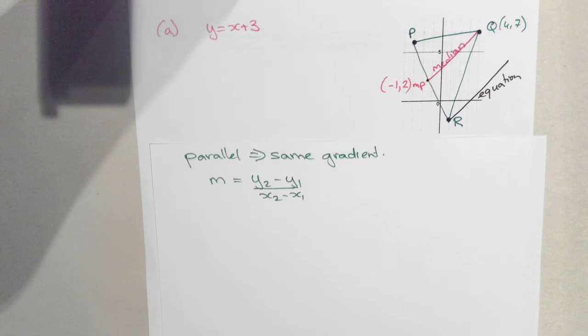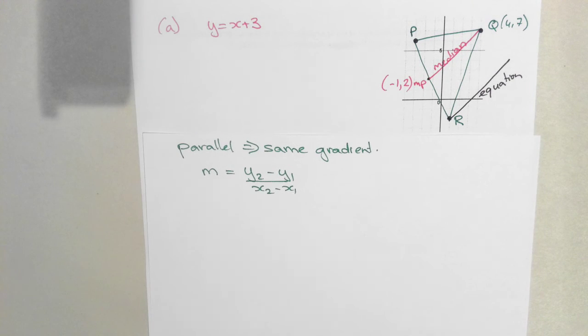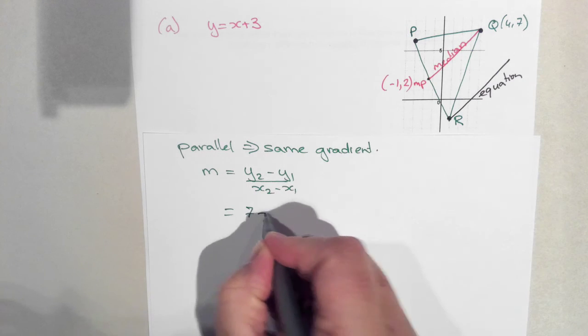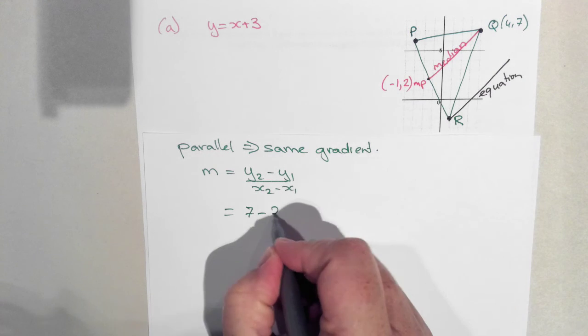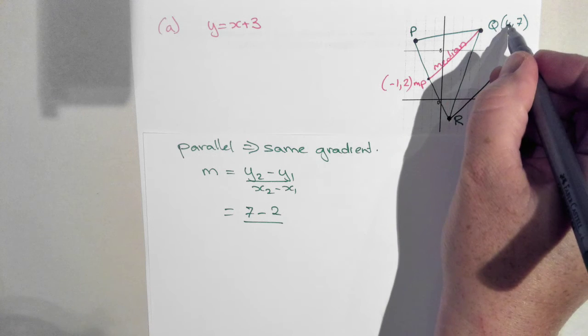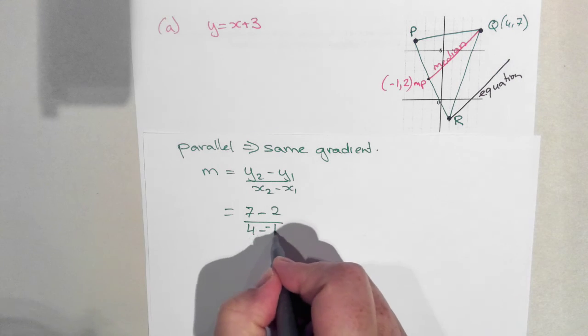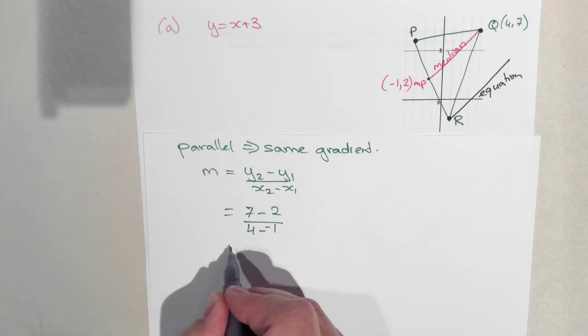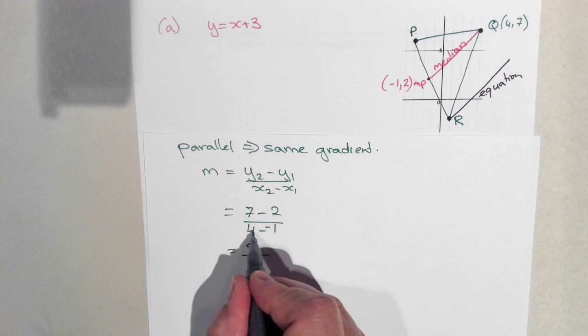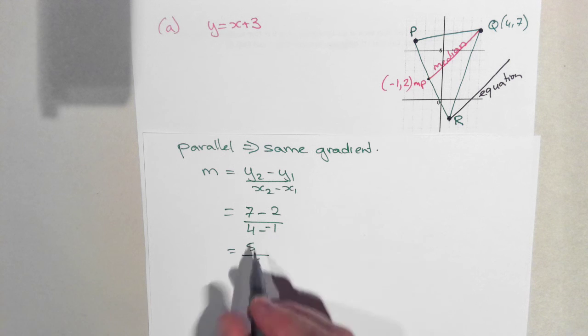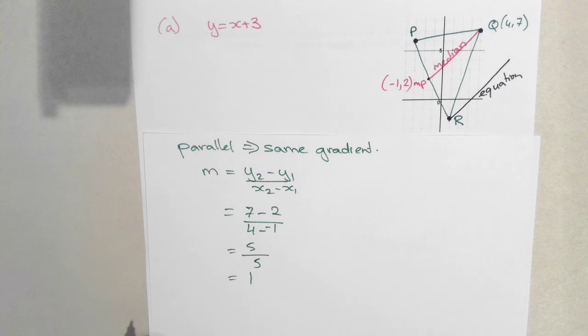So our y2 value is 7, take away y1 is 2, over x2, which is 4, take away x1, which is -1. So 7 take away 2 is 5, 4 take away -1 is also 5, take away a negative is a plus, 5 over 5 is 1.